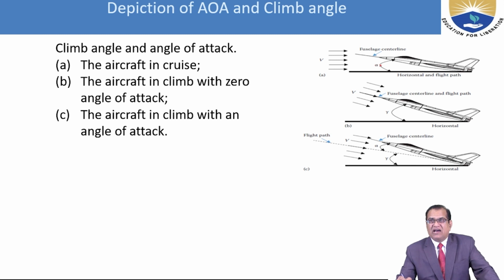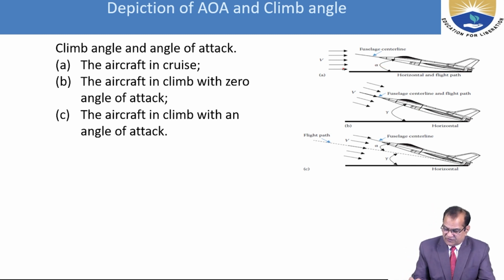So this is called alpha or angle of attack. And if the direction of the flow is in the direction of the fuselage reference line, there is no angle of attack, and this is called the flight path angle from the horizontal.